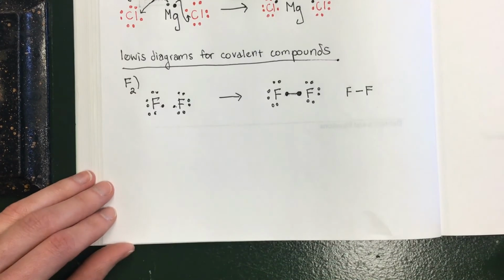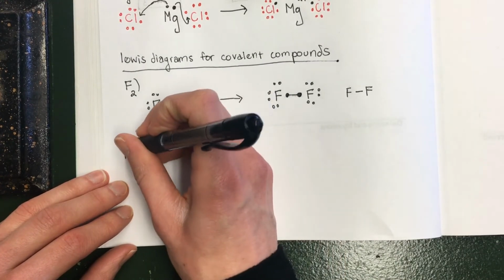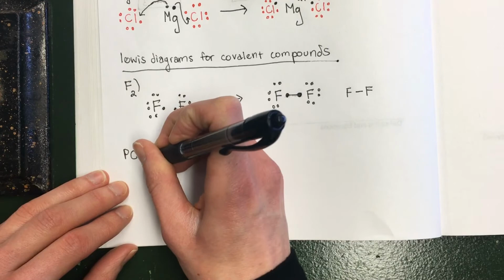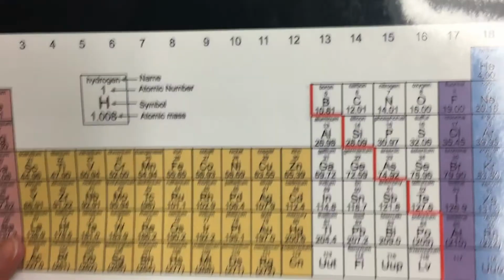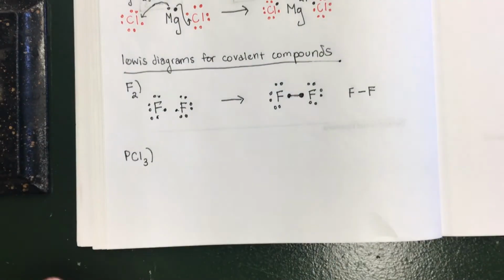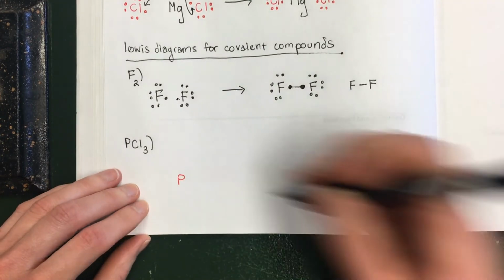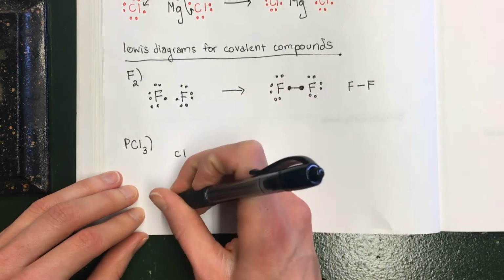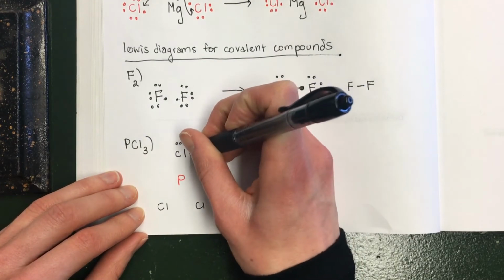Okay, one more covalent. We're going to do PCl3. Okay, so again, we know this is covalent because we've got two nonmetals. I'm going to draw the P in a different color from the Cl's. Okay, we already know chlorine has 7 valence electrons.